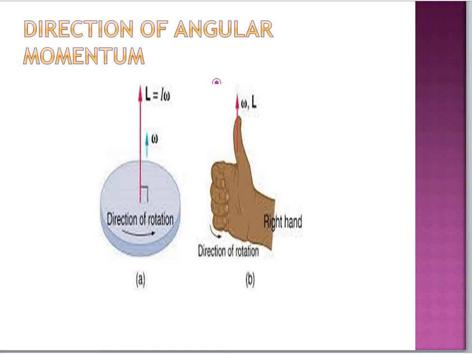So here curl your fingers in the direction from the first vector to the second vector. Here the first vector is the position vector r. Then the second vector is the momentum vector p.